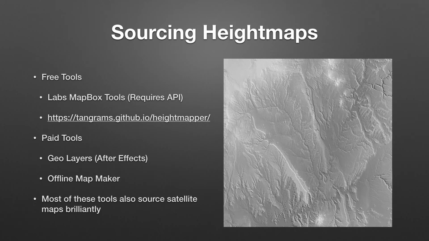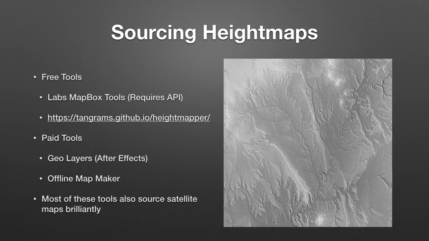I think the only tool that I've found that beats GeoLayers is Offline Map Maker. It's a Windows only tool. It's a paid tool, but it can download any zoom level of a map. And then you just enter in the four corners of the latitude and longitude points, and it will download that zoom level of whatever map source you want and then stitch it together for you.